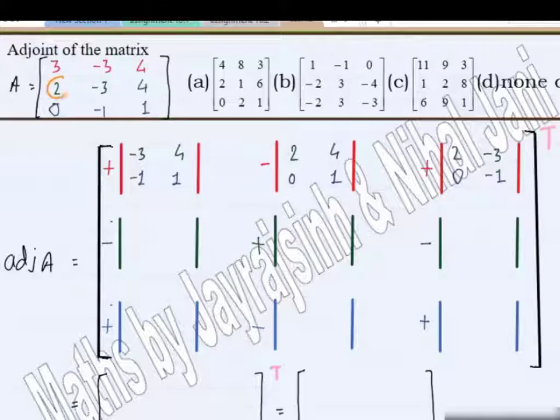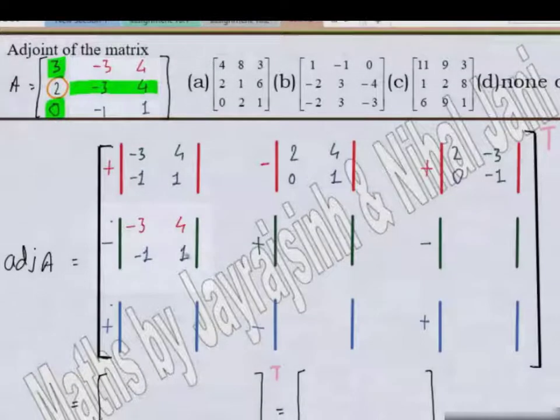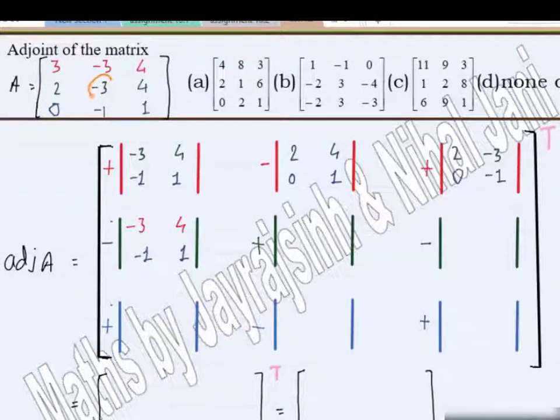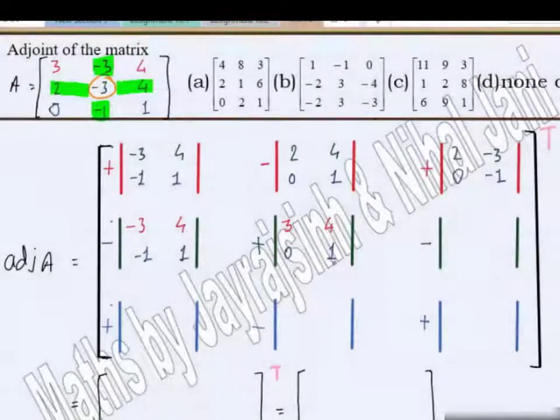Similarly, we can get the cofactor of first element of second row, ignoring second row first column. So here we'll get minus 3, 4, then minus 1, 1. Now the next element which is in second row second column, so here we have to put plus sign, then 3, 4 and 0, 1.